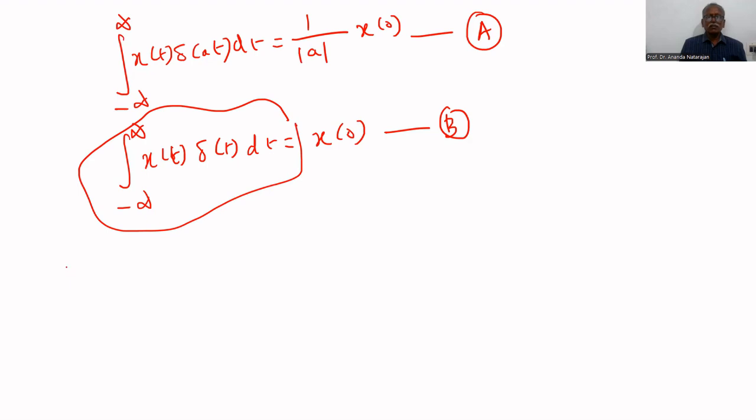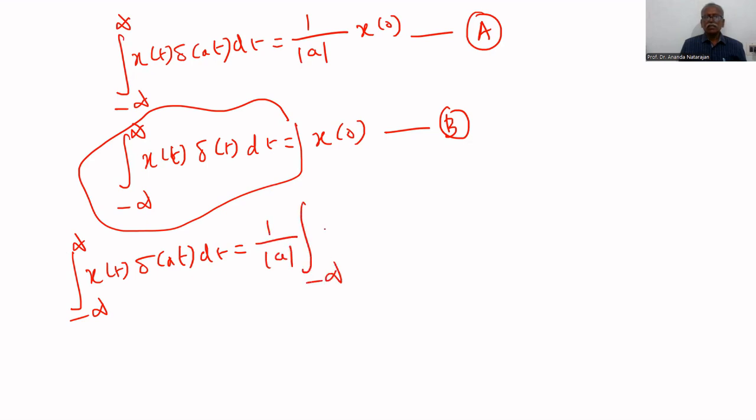Then what will we get? The integral from minus infinity to plus infinity of x of t δ(at) dt equals 1 by modulus of a times the integral from minus infinity to plus infinity, where instead of x of 0, I am substituting the first property, x of t δ(t) dt.